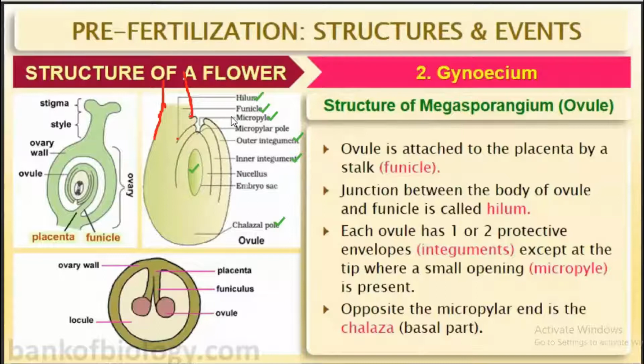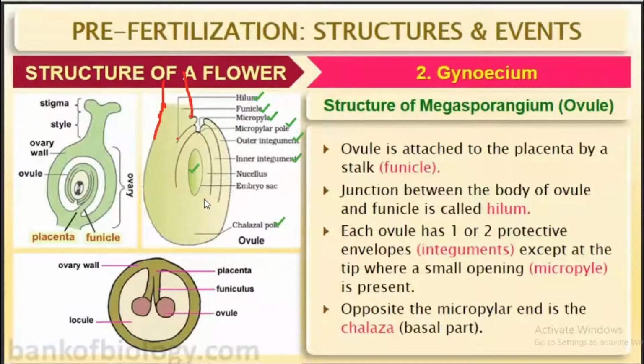Actually, the micropyle is the region through which respiratory gas reaches the ovule. Since the micropyle is present in that part, that pole is known as the micropylar end or micropylar pole. That is given here, micropylar pole. Then what about the chalazal pole? The opposite side of the micropylar pole is known as the chalazal pole.